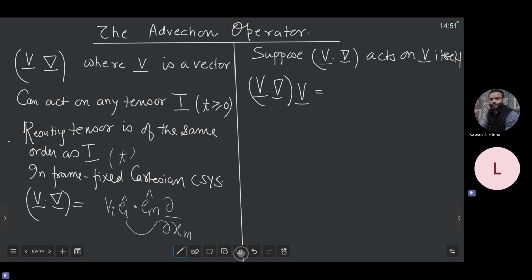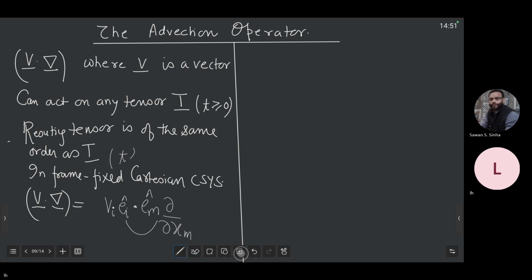They will dot. So this is still an operator. It will still remain an operator, but will have a specific form. Vi del xm delta im.